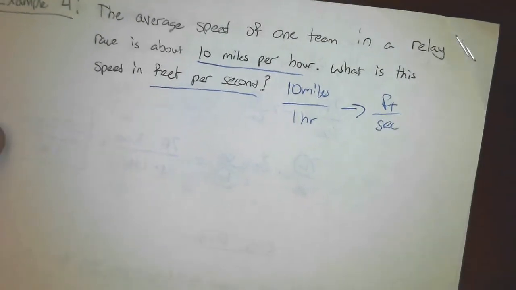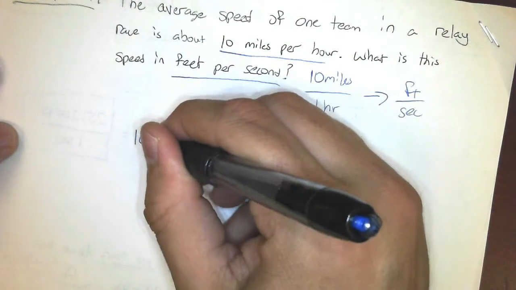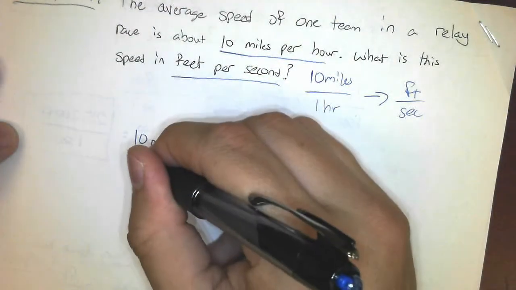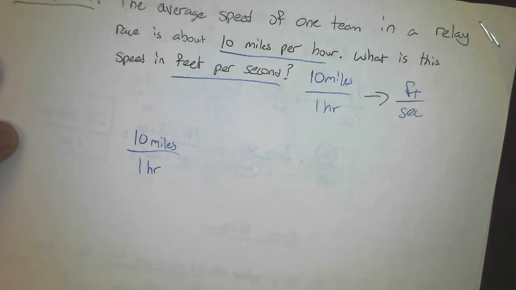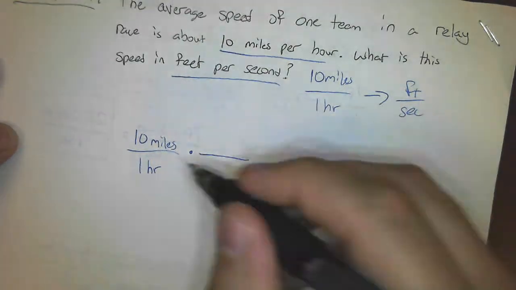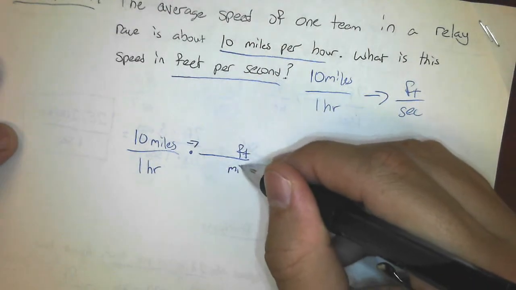So let's start off first. We're going to rewrite it. 10 miles for 1 hour. So I always like to start off doing the numerator first, so we'll start off with miles. We need to convert miles over to feet, and we're converting it from miles.